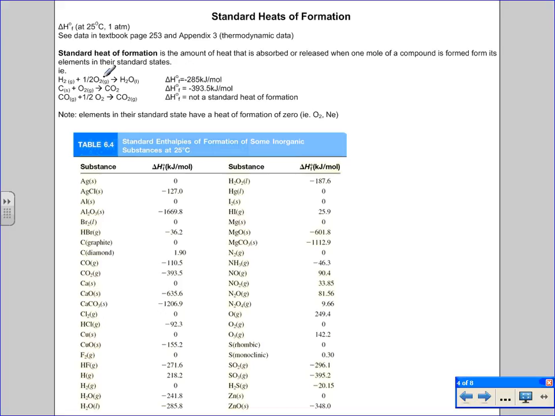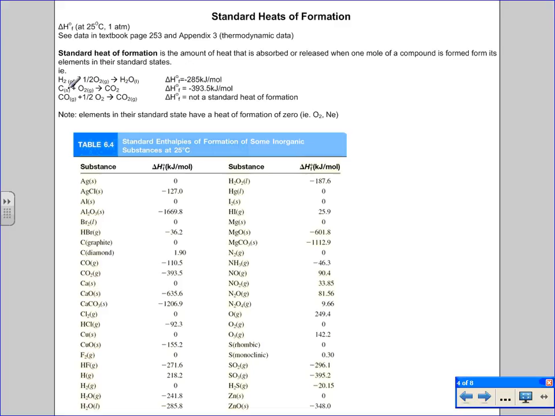Now what you'll notice with these reactions is that we often need to use fractions because we cannot change the coefficient in front of the product. We're always forming 1 mole of the substance. It's very specific. The second one is another example of a heat of formation reaction, this time for carbon dioxide.